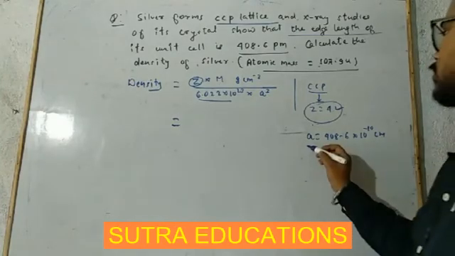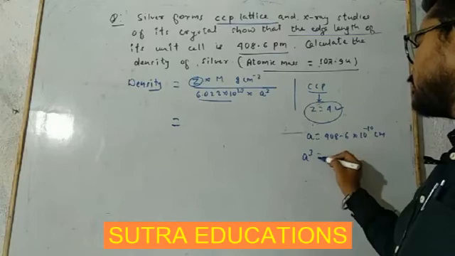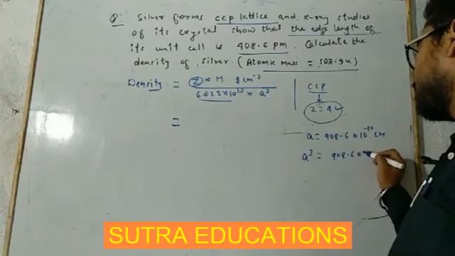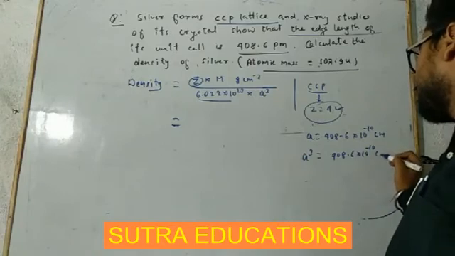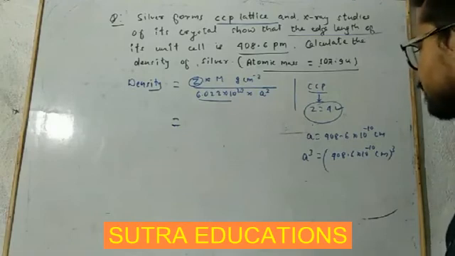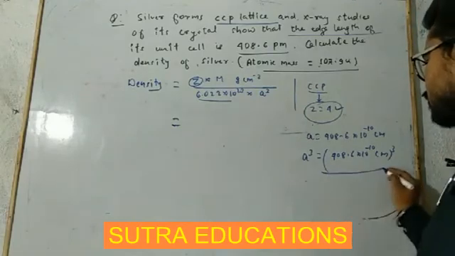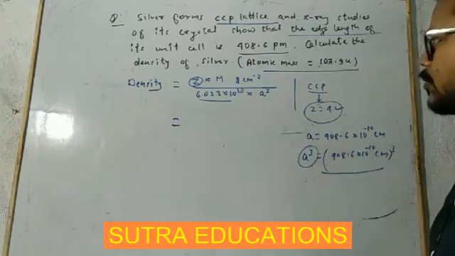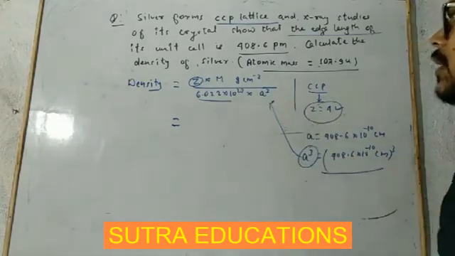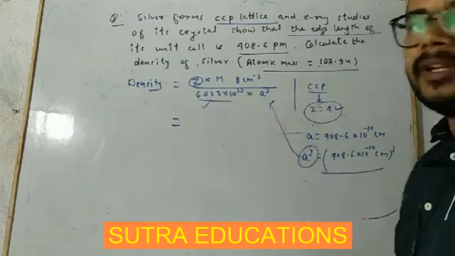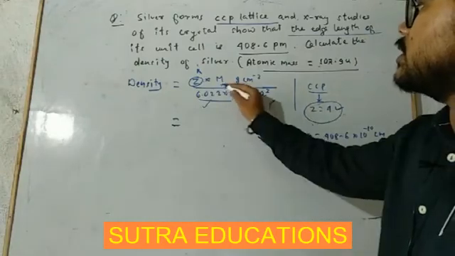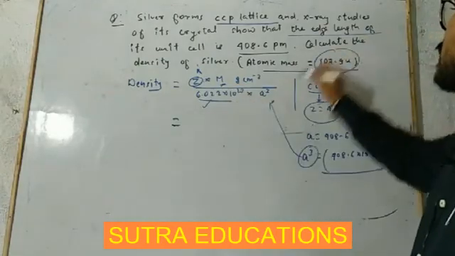Okay, so volume will be equal to a cube. So it is 408.6 into 10 to the power minus 10 cm whole cube. Okay, so just find out this value of a cube and put this value here. Okay, Avogadro number, you know value of Avogadro number. Z you are having 4, this M is given here 107.9.